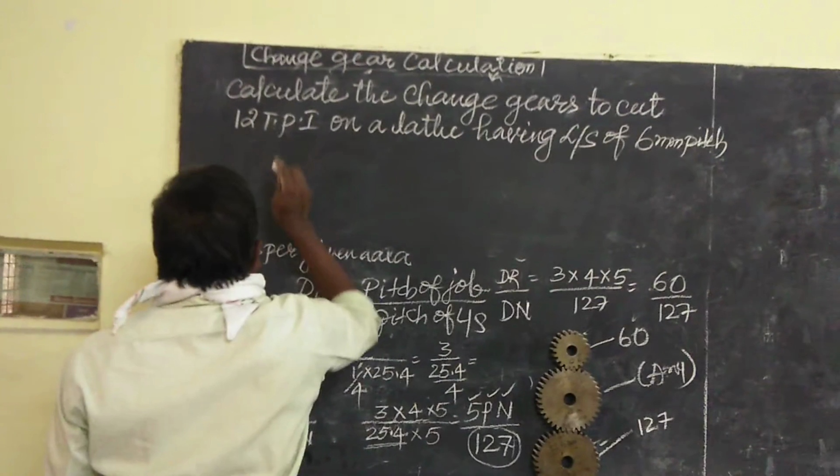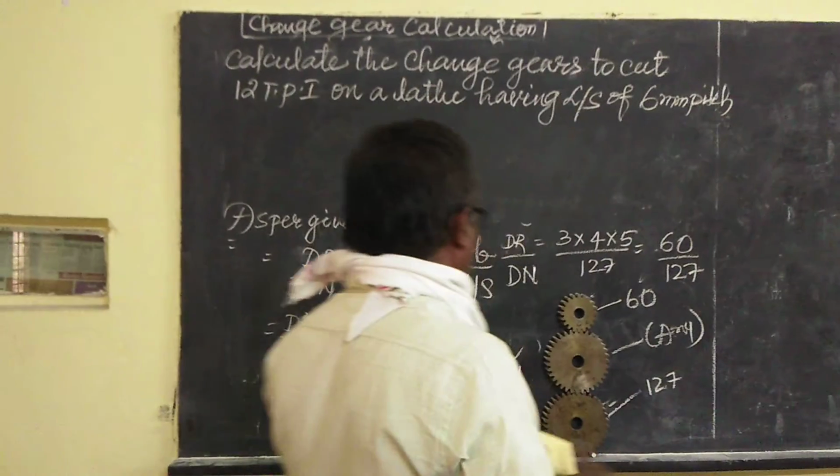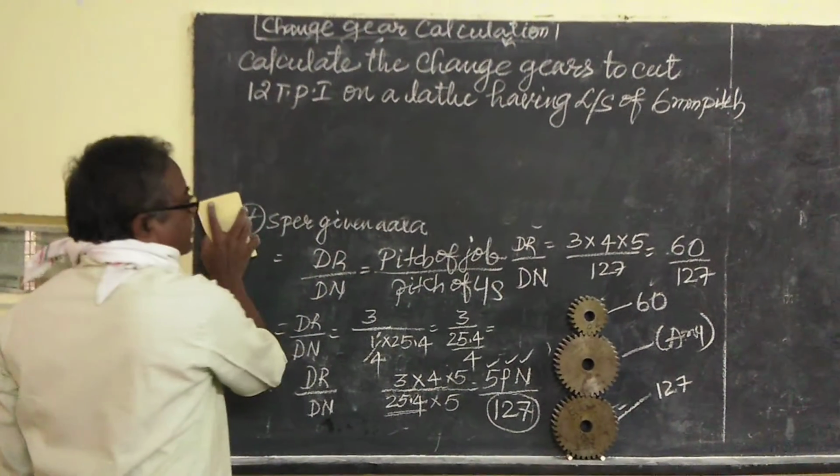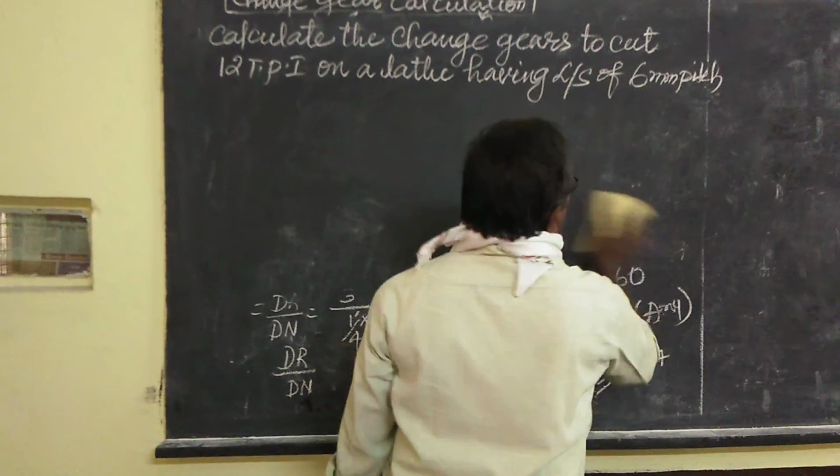This is 12 dpi. We can write it as half inch BSW. Half inch BSW is 12 dpi.